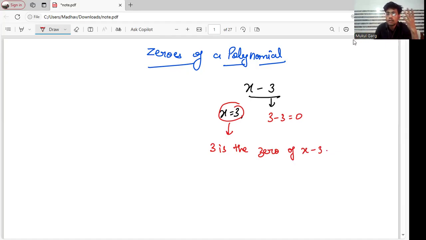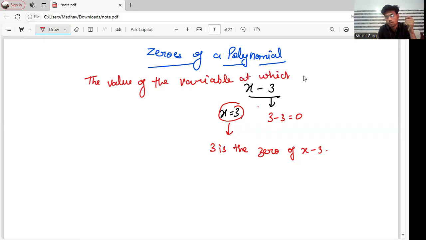So what should be the definition of 0? The value of the variable at which the value of the polynomial becomes 0 is called the 0 of the polynomial. So let me write down the definition here. The value of the variable at which the value of polynomial becomes 0.